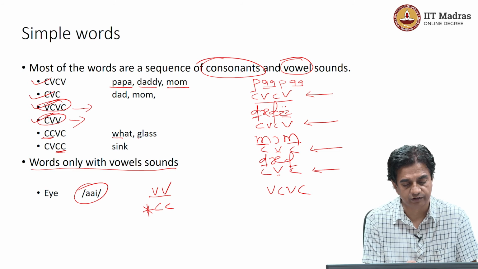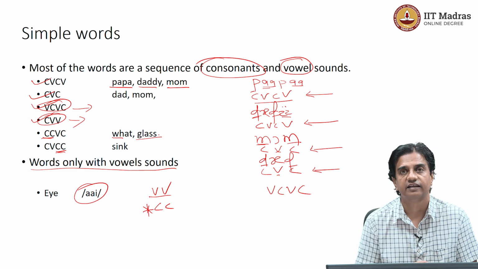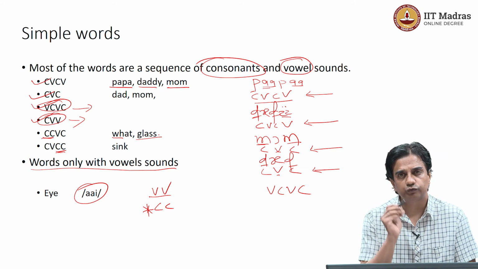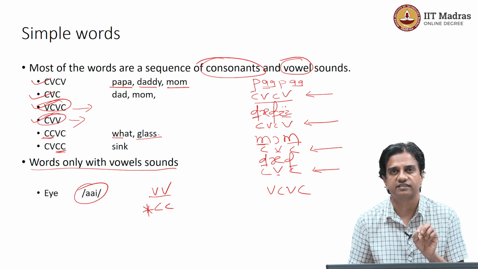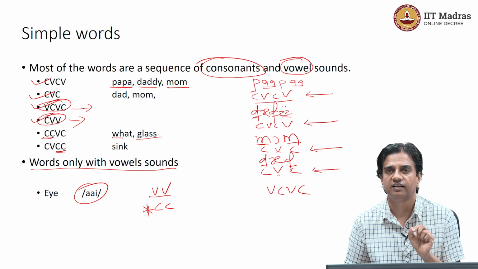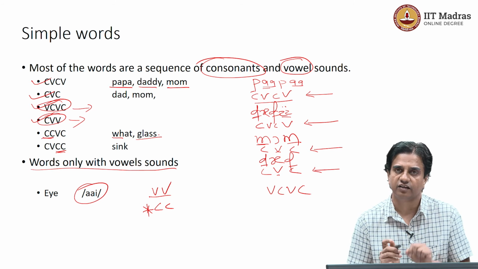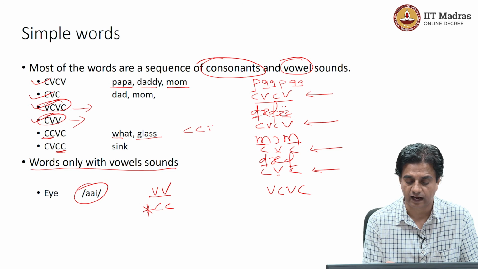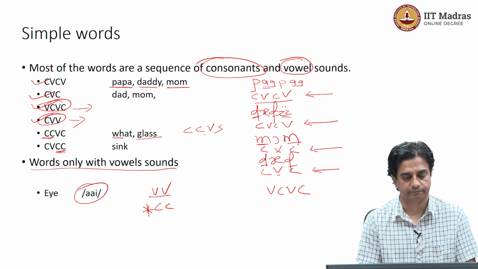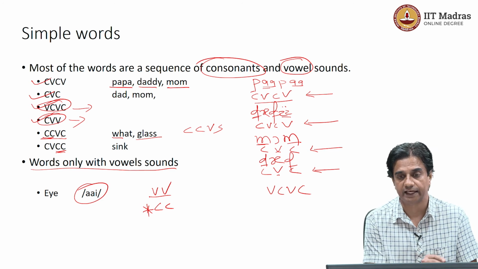Look at this word glass. In this word, the first two sounds are making a cluster. Glass. G, L, A and Sa. What are the sounds in this word? G, L, A and Sa. That's what we are looking at here.